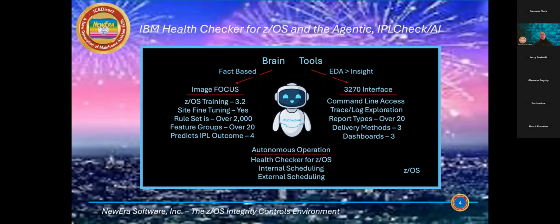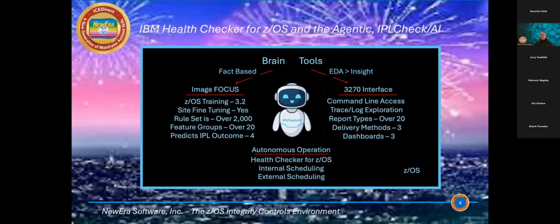The tools are essentially a 3270 interface that provides you with a way of exploring the data and performing data analysis to gain insight into what the actual results are from an inspection. It's a command line interface to the trace and the log for exploration.